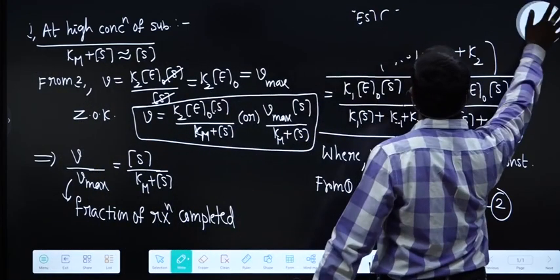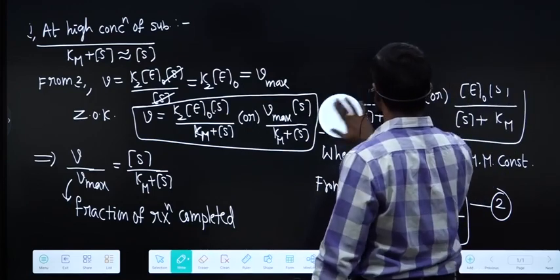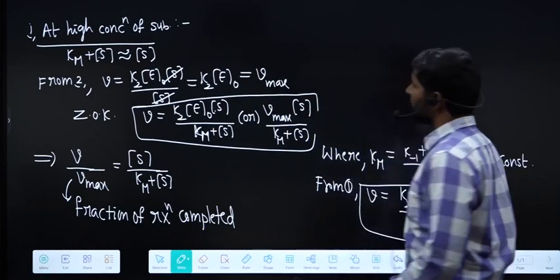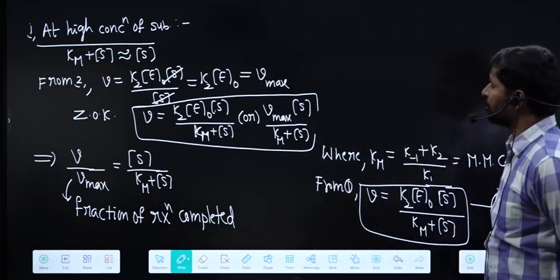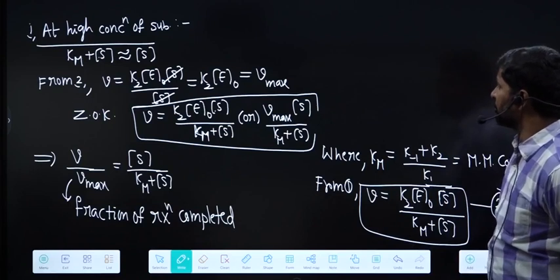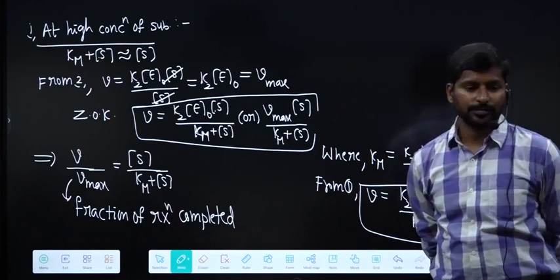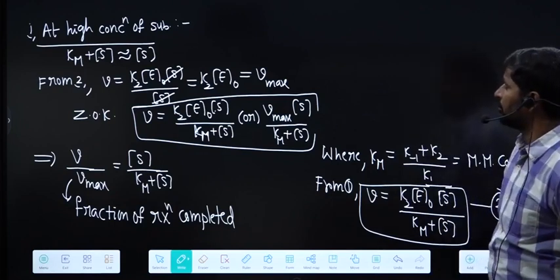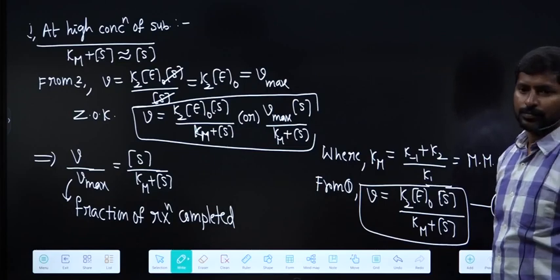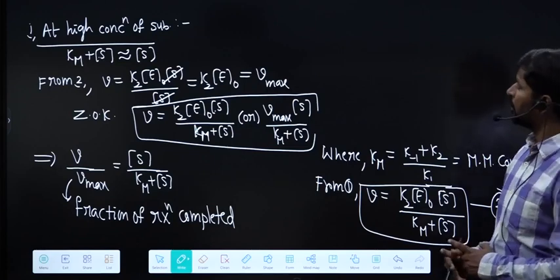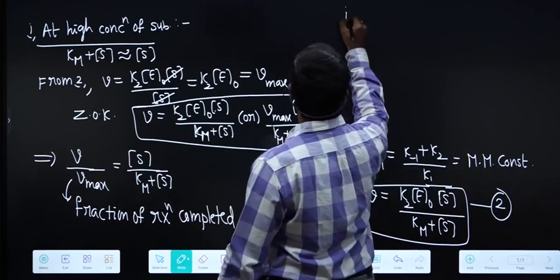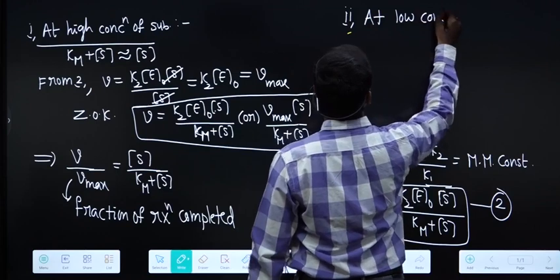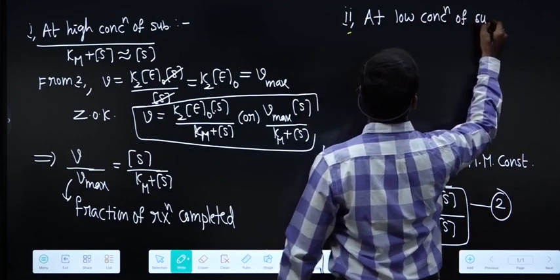Next you write at low concentration of substrate. Second one, at low concentration of substrate.